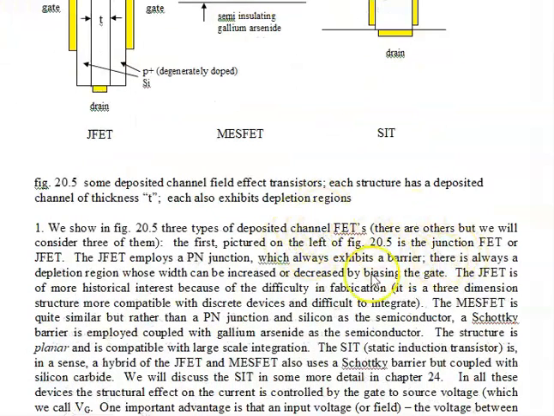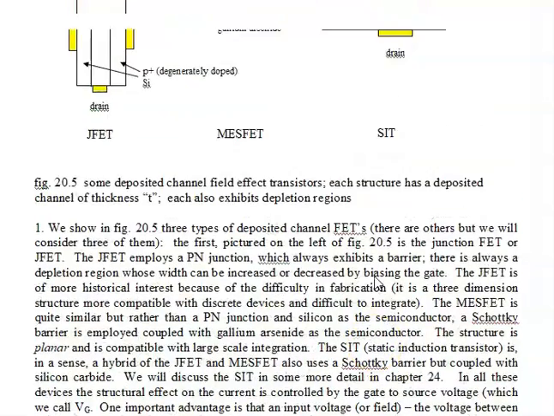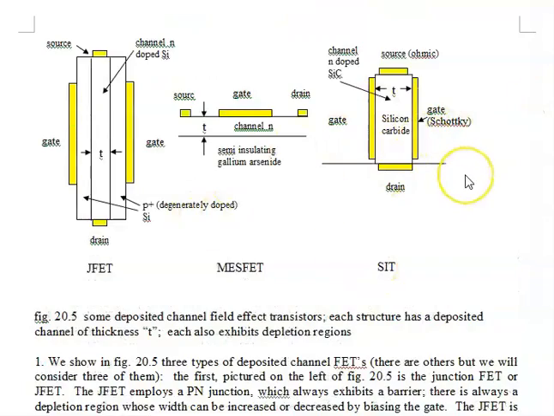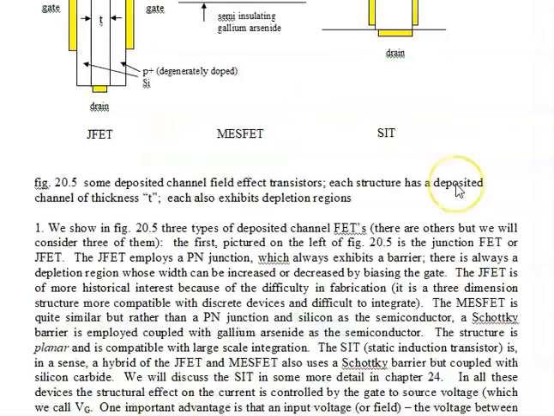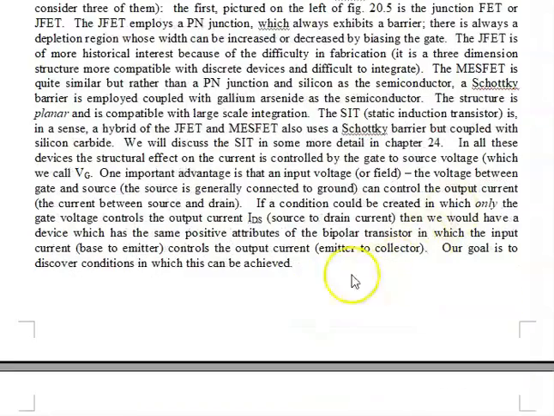Okay, so in this paragraph, I basically describe exactly what this figure depicts, so we've already discussed that. Maybe just the last sentence: if a condition could be created in which only the gate voltage controls the output current.